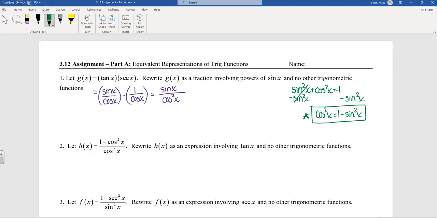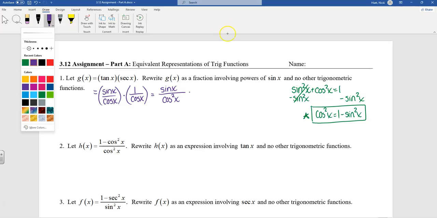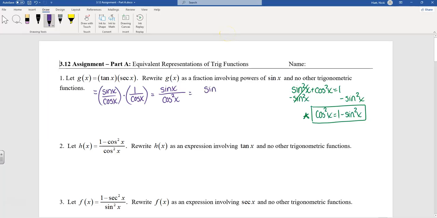So that means if I ever have a cosine squared that I need to turn into something in terms of sine, I can use this identity right here. So what I can do is I can say sine x stays the same on top, and then I can change the bottom to 1 minus sine squared x.